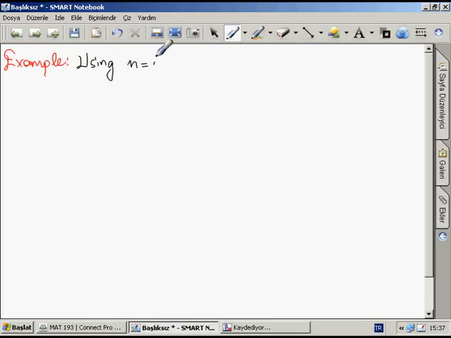Using n equals 15 to estimate the value of the sum of 1 over n squared, from n equals 1 to infinity.